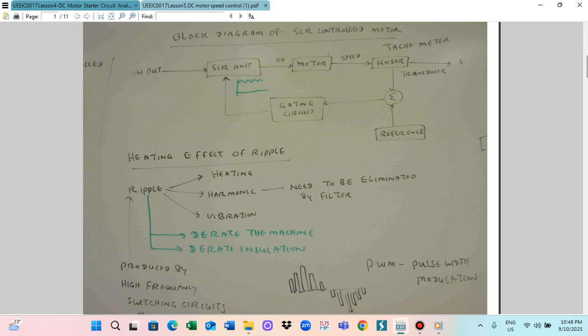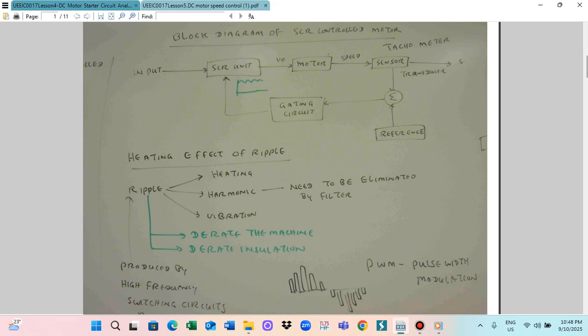So we use a tachometer, a transducer, as the combination. This is compared with the reference signal, and any error is fed to the gate circuit. The gate circuit drives the SCR.